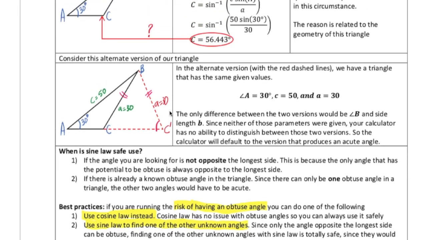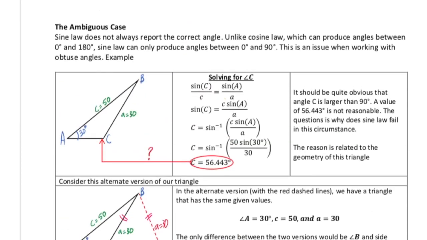So let's take a look at our triangle up here. The only angle that has any potential whatsoever of being obtuse is angle C. That's the only one because it is opposite the largest side. Now, if we're talking about B here, in this case I made it much more difficult to figure out. But let's say side B was given as 15.